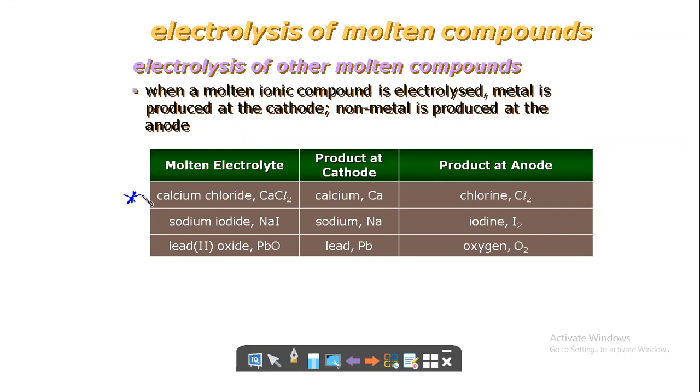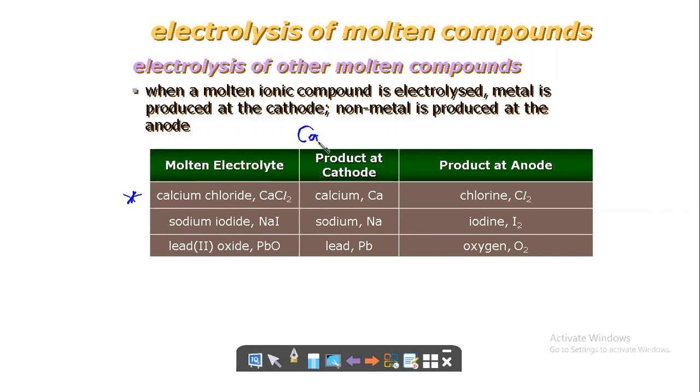Let me try to write all the half equations for each of these examples, and you can see what we're supposed to do. For the first one, calcium ion is going to move to the cathode, and reduction occurs at the cathode.